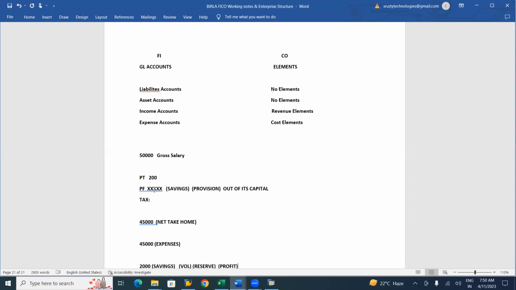Liability. Why? It needs to be given back to the employee at the end. After completion of 5 years or on leaving the organization, if they apply for repayment, then the government has to repay.